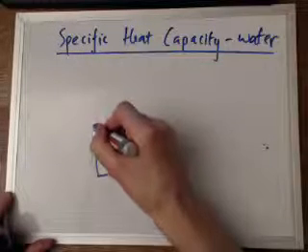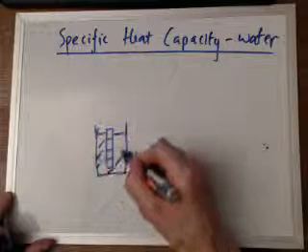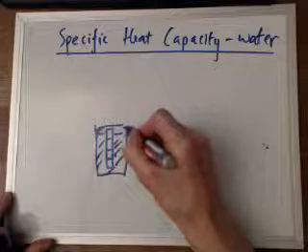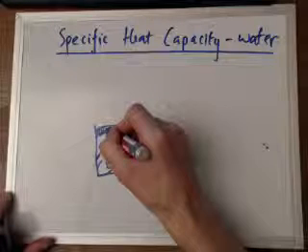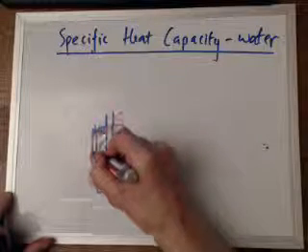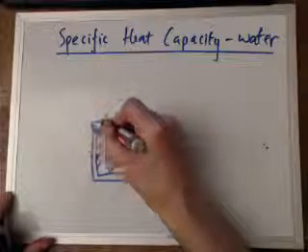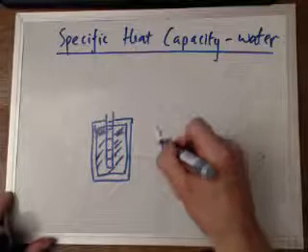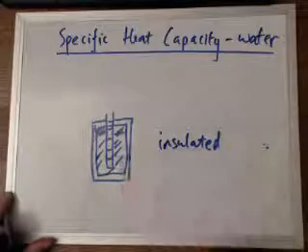This is our heater, and it's full of water, so let's have some water above the top as well. So here's our water, there's our heater. Okay, it's insulated, so we don't want too much energy escaping, and there's a lid there to stop the energy escaping. Otherwise, we'd lose all our energy to the outside.